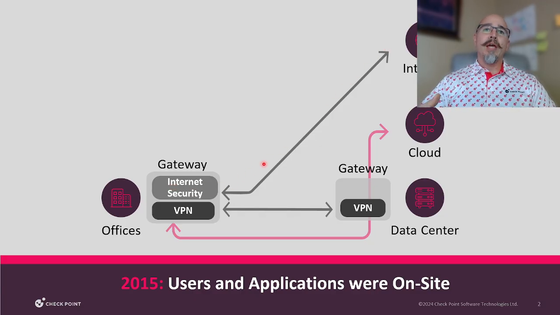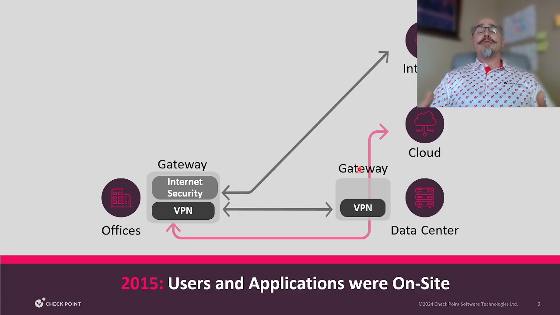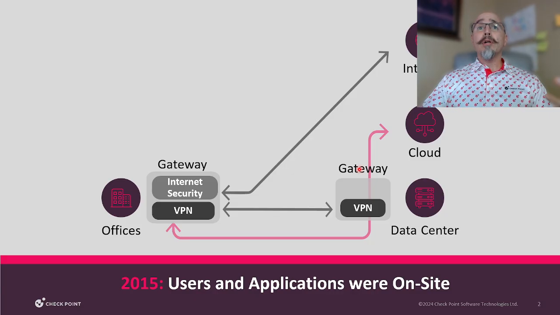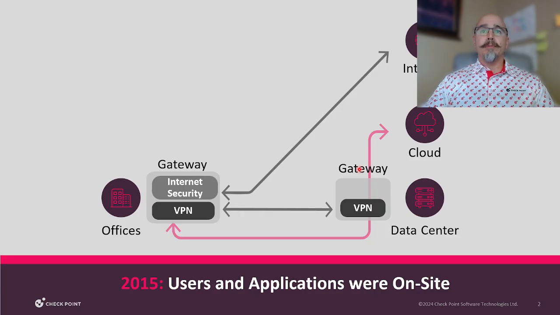And if a user had a need for a corporate resource, that would get backhauled to a VPN appliance that was on premise, and that would give you access to corporate data centers and cloud resources. And this worked, right? This was a happy architecture. Users were happy, performance was decent, security professionals were happy because the environment is secure.